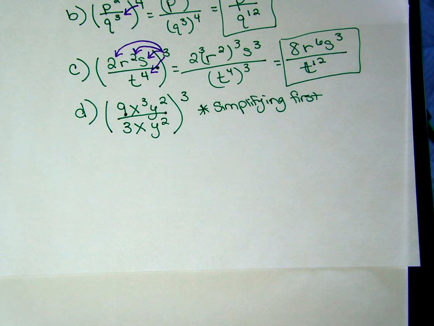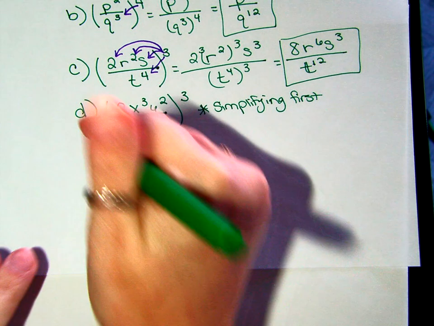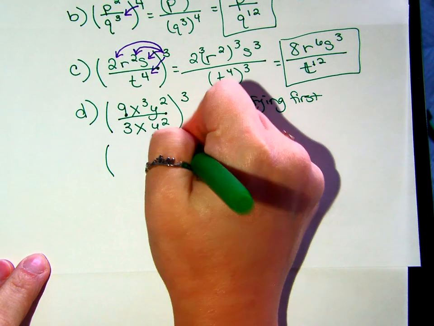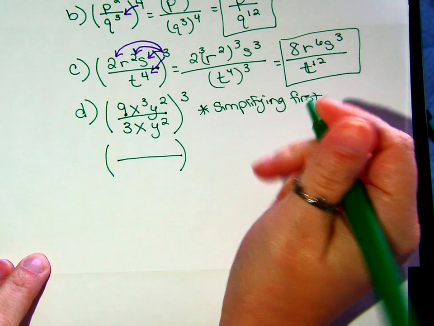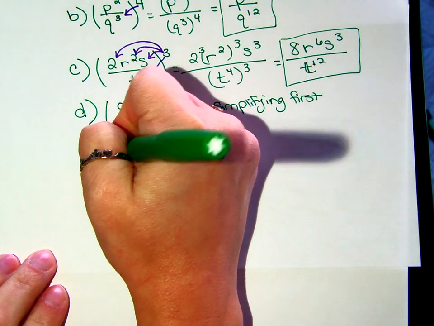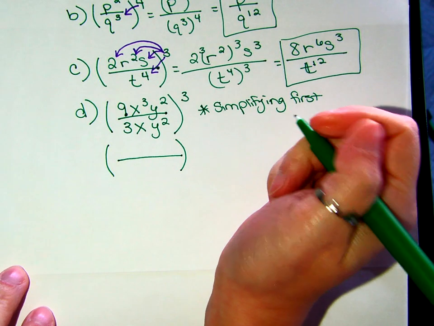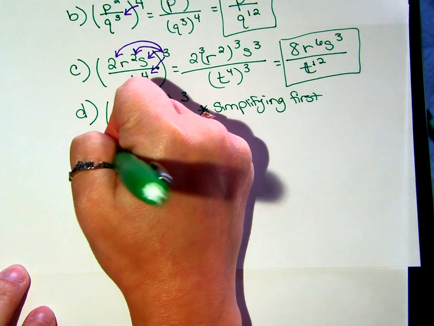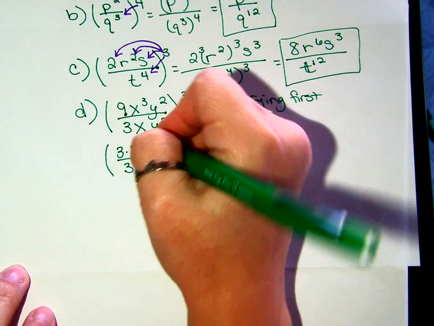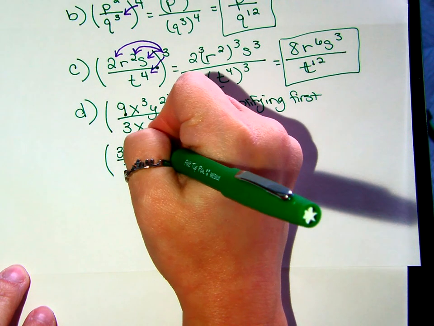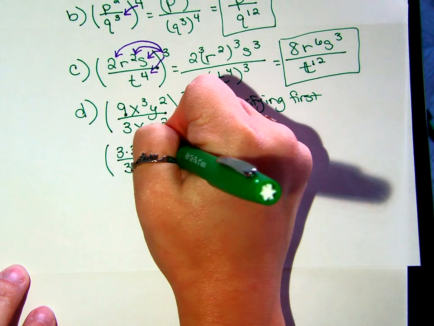So here's what I'm going to do. I'm going to look and say, okay, I have a 9 over 3. Do those have anything in common? 3. 9 is 3 times 3, right? So I'm going to write it like this. And then the rest of it, I'm just going to write the way that it is because I think we are capable of doing it a simpler way.